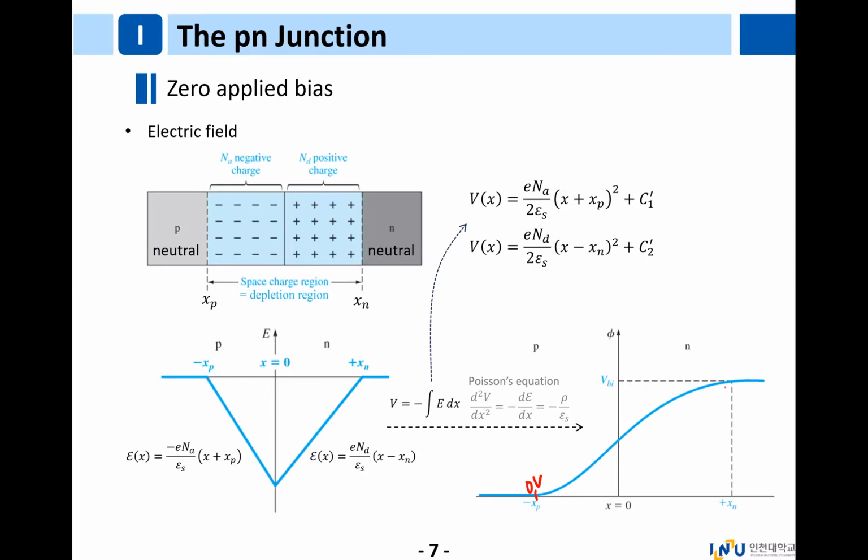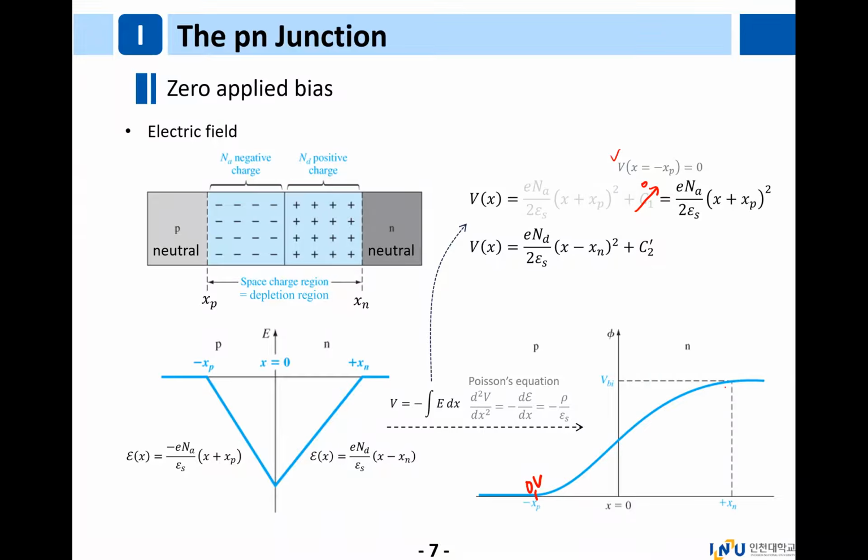Since voltage is the potential difference with respect to an arbitrary reference point, such an assumption is permissible. So using this boundary condition, the integration constant becomes 0. And we can find the potential in the P-type region.